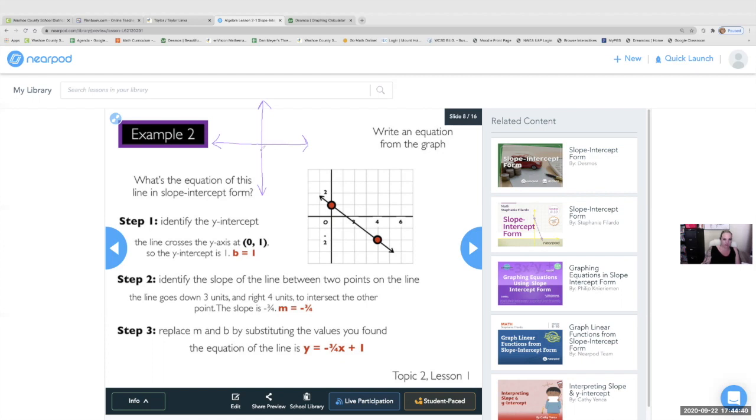This one, I'm just going to label as evenly as I can, trying to be precise. This one is going to have a point here. So you're already thinking about what is the y-intercept, and from there, here's the next point.